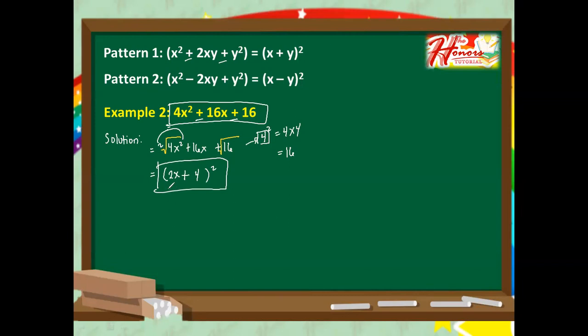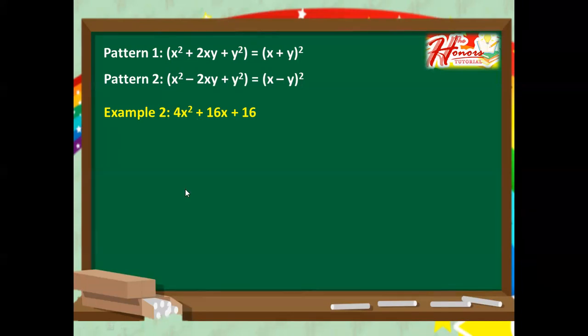Let us have another example. So we have here x squared minus 14x plus 49. Let us have our solution here. Let me just rewrite the given. So that is x squared minus 14x plus 49.